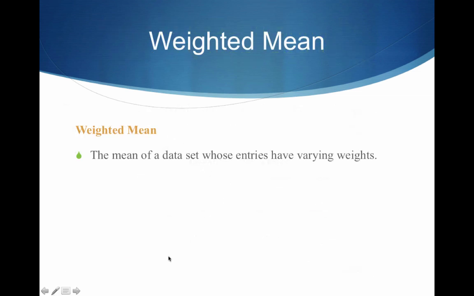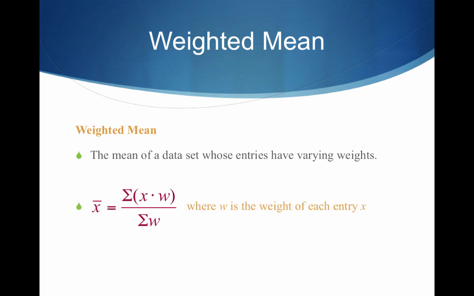Let's talk about how you're going to go about calculating a weighted mean. A weighted mean is the mean of a data set whose entries have varying weights. So how do we go about calculating the weighted mean? We add up the product of each entry times its weight, divided by the sum of the weights.